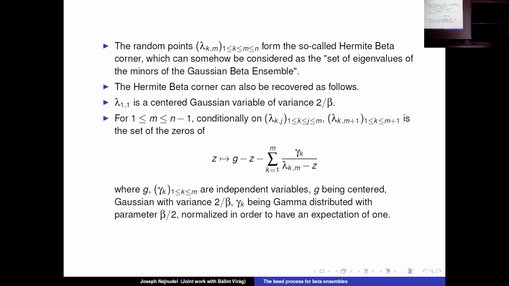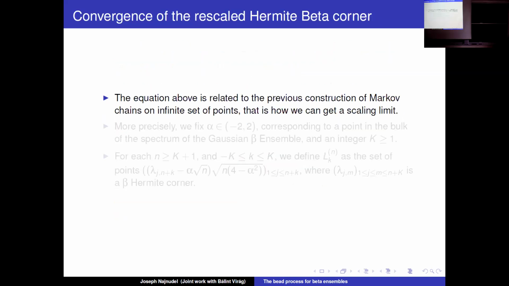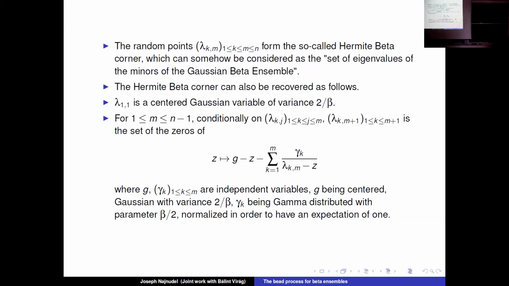And then we do also a modified Stieltjes transform, so at each step, we introduce a new Gaussian variable, and we introduce some gamma distributed weights. Okay, so we have the different normalizations, and we take the zeros of some function, which is given here.